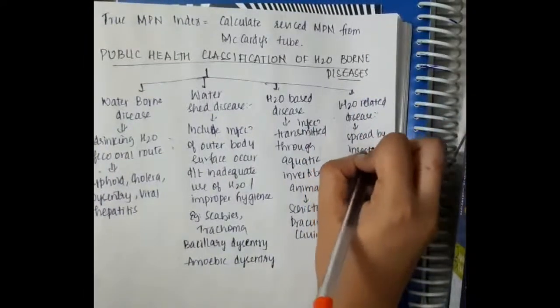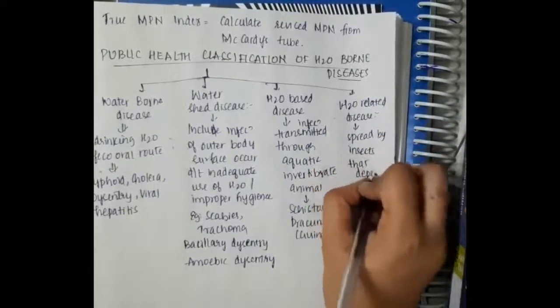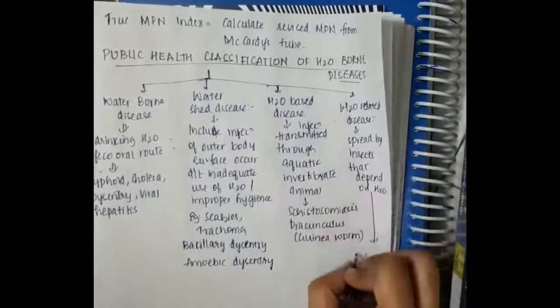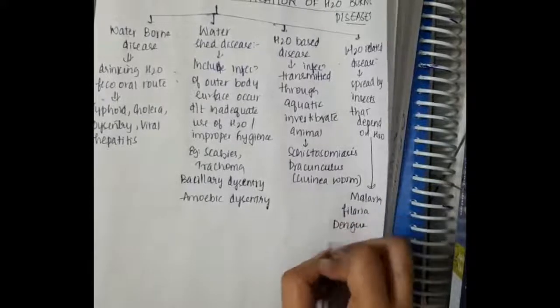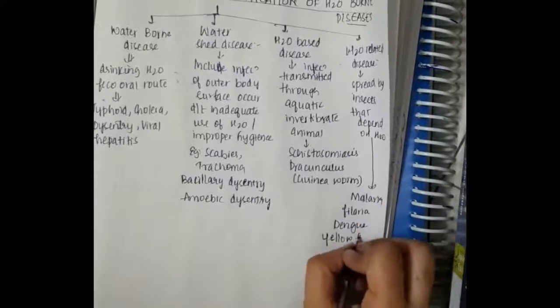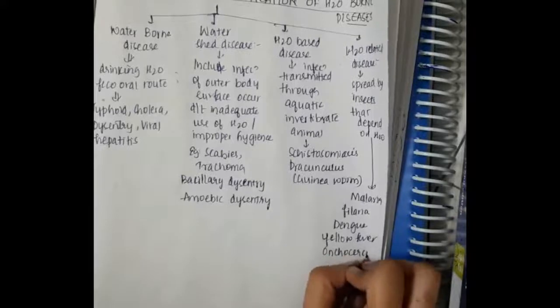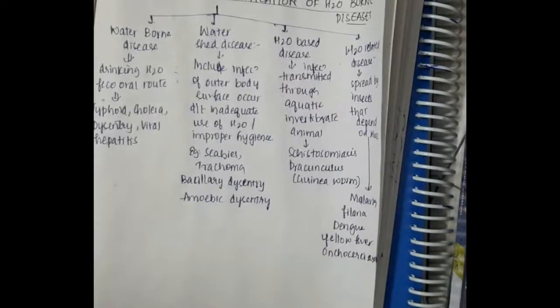Then we have water-related disease. These are spread by insects that depend on water, like malaria, filaria, dengue, yellow fever and onchocerciasis. The vectors of malaria, dengue and yellow fever produce their larvae and lay them in water bodies. So these are water-related diseases. All these are the classifications of waterborne disease.